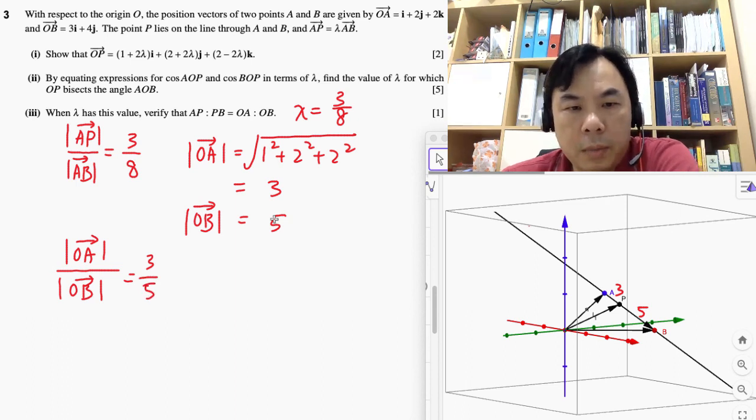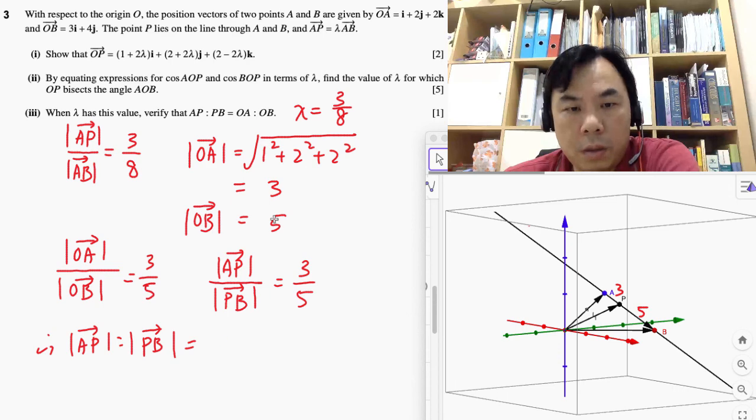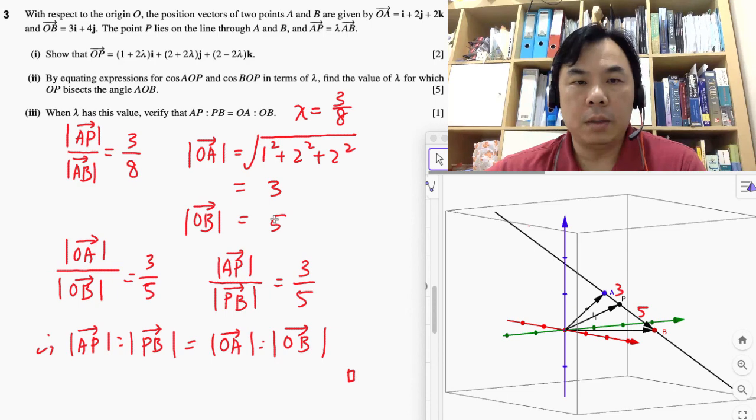And at the same time, we can also write down that the length of AP over the length of PB is also equal to 3 over 5. Therefore, we can conclude that the ratio AP to PB is the same as the ratio of the length OA to the length OB here. Right, now that concludes the last proof.